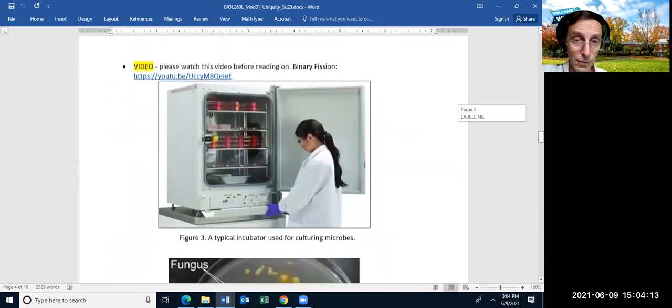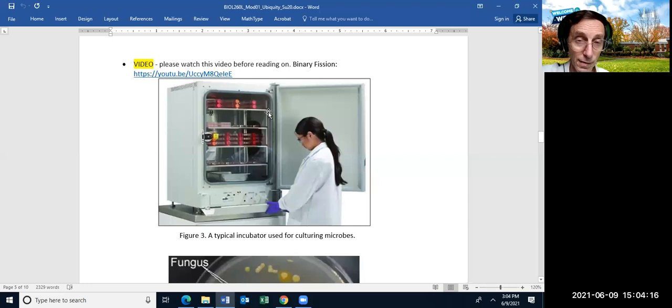Let me show you a picture of an incubator. Here's an incubator. Incubators control the temperature and add humidity to keep the plate from drying out as quickly, meaning it still will dry out, but it will keep it from drying as quickly. Our incubators in the microbiology lab are pretty simple, but you can change the oxygen level as well as the CO2 level in a more complex incubator.